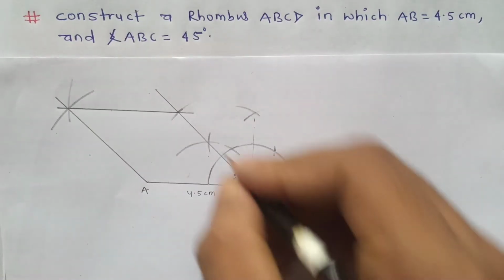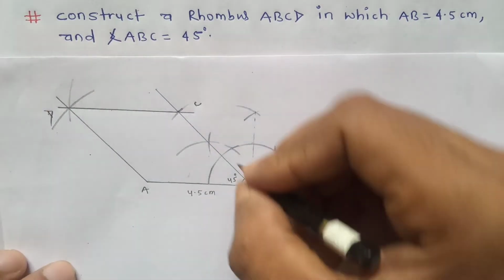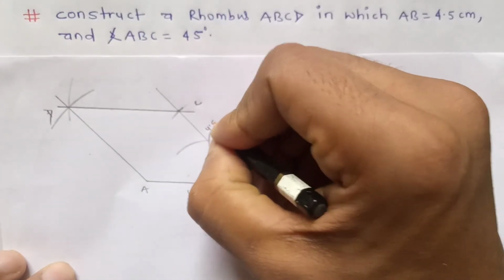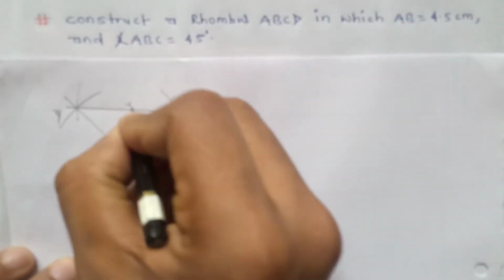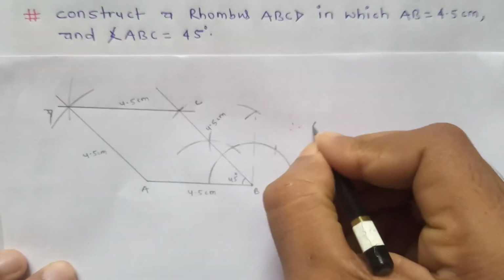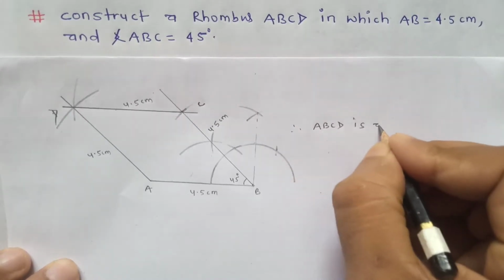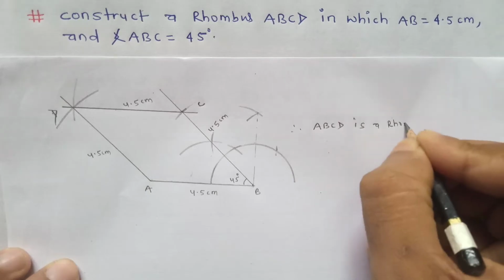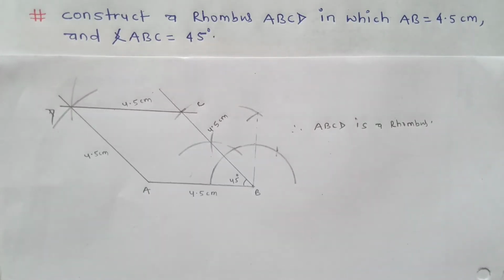So here is AB, this is C, and this is D. BC is also 4.5 centimeter, AD is also 4.5 centimeter, and CD is 4.5 centimeter. Therefore, ABCD is a rhombus. You can write ABCD is a rhombus. The first question is solved.